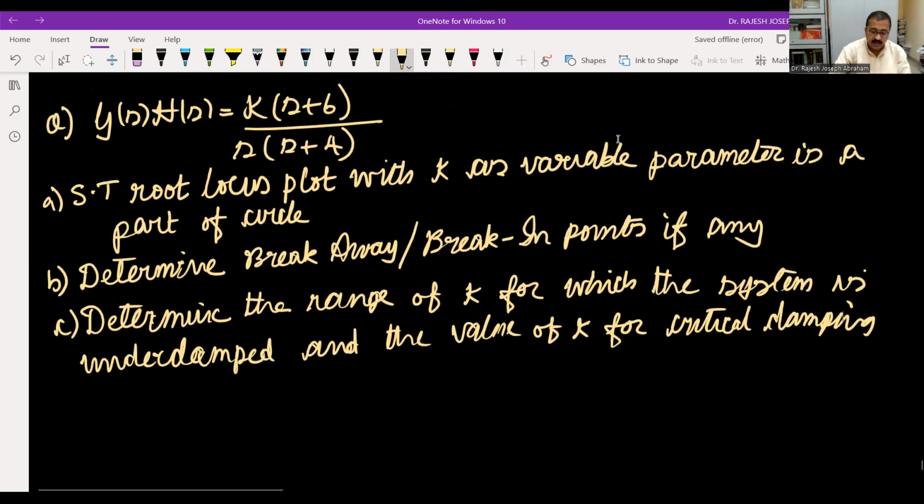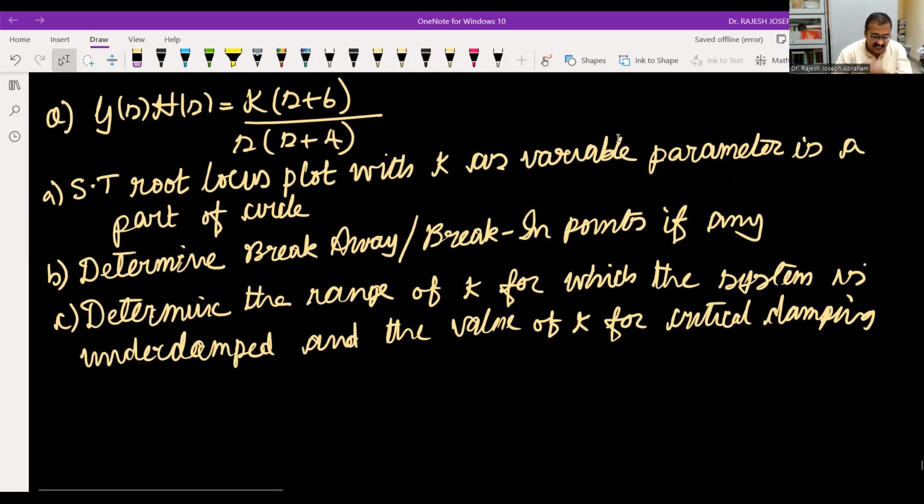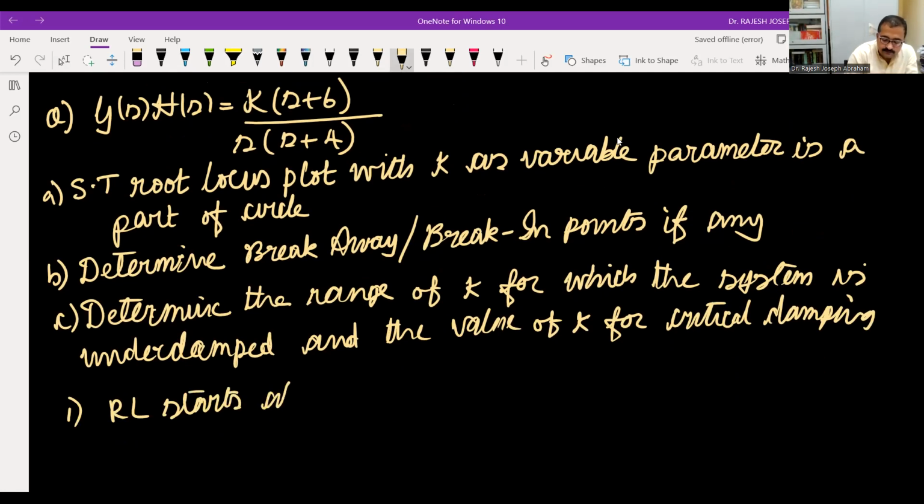So how to start this? Again, as before, step 1: root locus starts at open loop poles. Where are the open loop poles? One is at 0, one is at minus 4. And root locus ends at open loop zeros. Where are they?